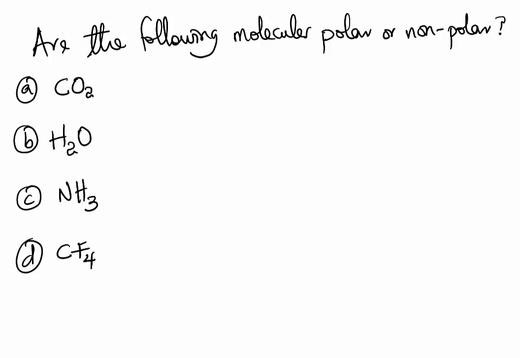Again, we will have to go through the process. We will need to draw the Lewis structure for H2O. And if you draw the Lewis structure and you draw it properly according to the molecular geometry, this is what you will get. So the next thing is, are the bonds polar or not? Oxygen is more electronegative than hydrogen.